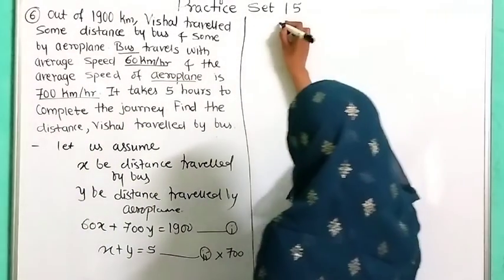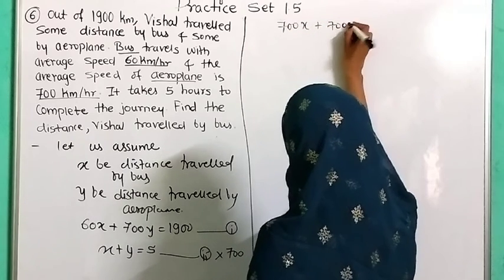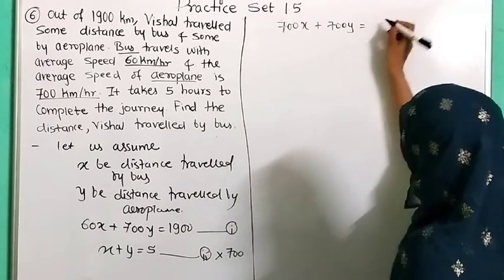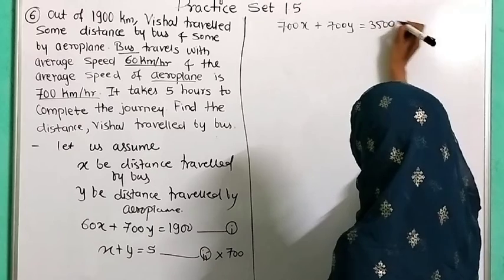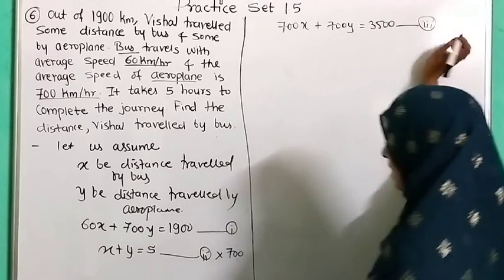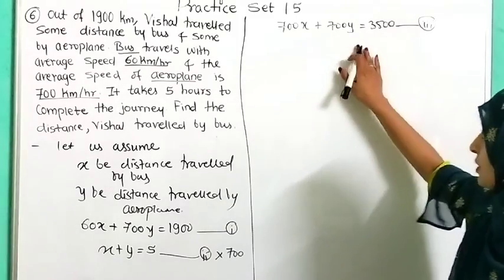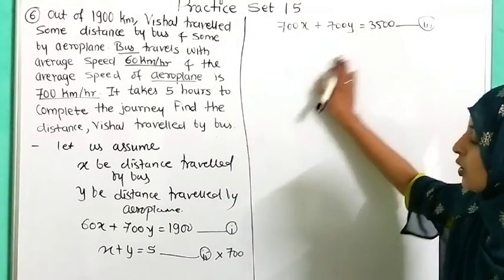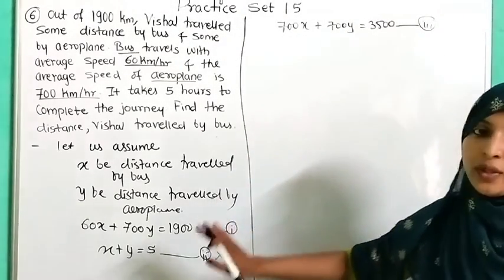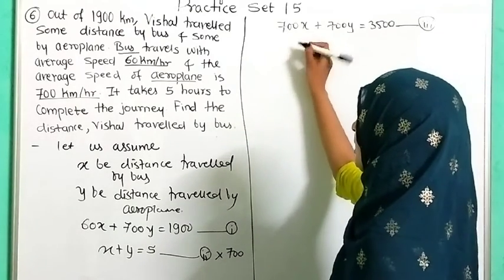It becomes 700x plus 700y is equal to 3500. This is equation number 3. If you compare equation number 1 and equation number 3, if you subtract them, we are going to eliminate one term. So subtracting equation 1 from 3.